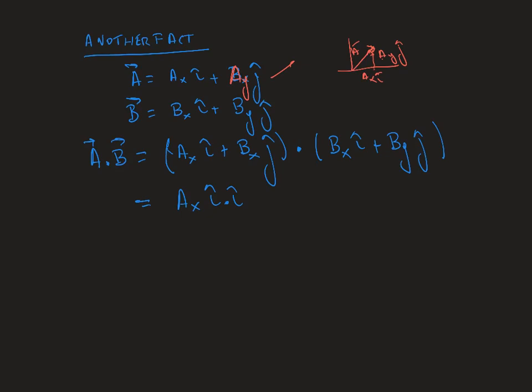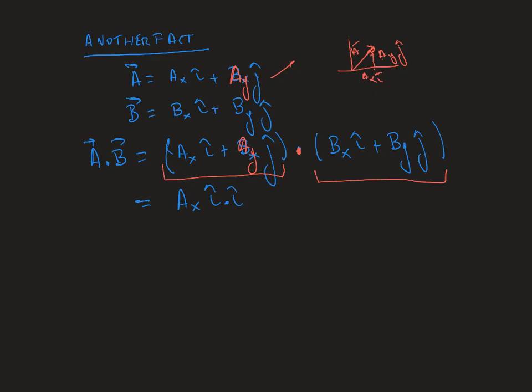And suppose that you have B, and you want to find an explicit expression for A scalar B. A is Ax i plus Ay j, while B is Bx i plus By j. And this is the scalar product, a dot product.